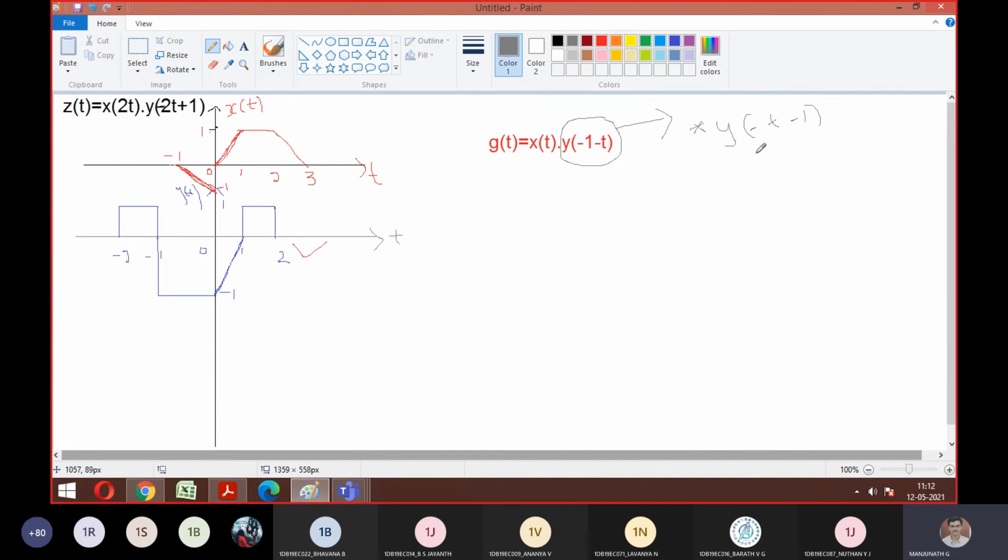Similarly, I taught you one more thing. Instead of going for this, you can do directly also. Whatever y of t you have, you plot y of minus t, which means negation. For that answer, you perform minus 1.